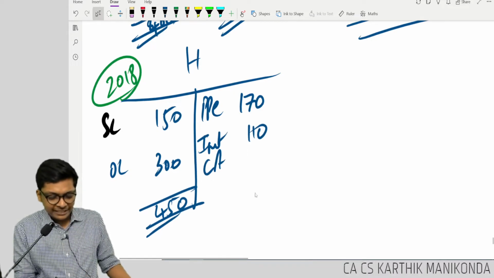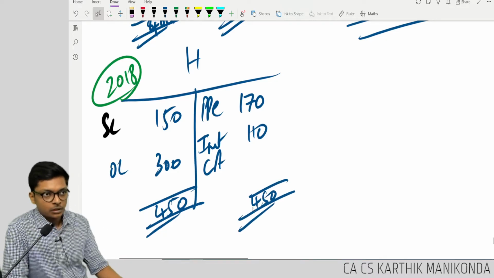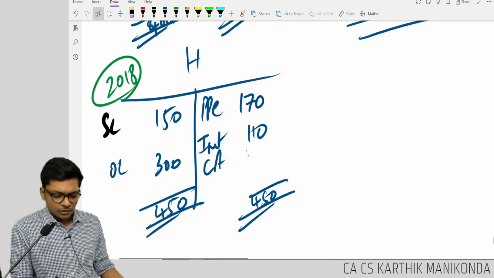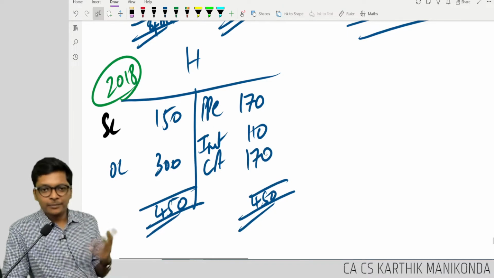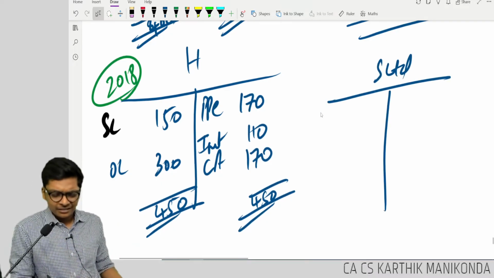So current asset is how much guys? Current asset is what? 170. Randomly I wrote. Subsidiary limited's balance sheet, share capital, yes Lakshita, tell some number, 90.